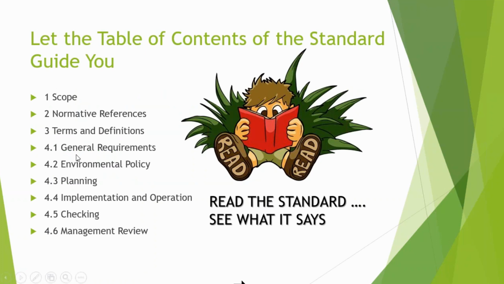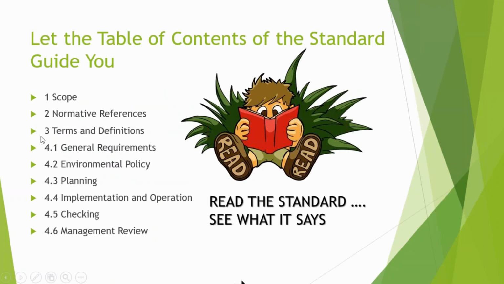As you know, 1 through 4.1 are basically informative clauses of our standard. It's telling us the scope of the standard, any normative references, and any terms and definitions that we need.